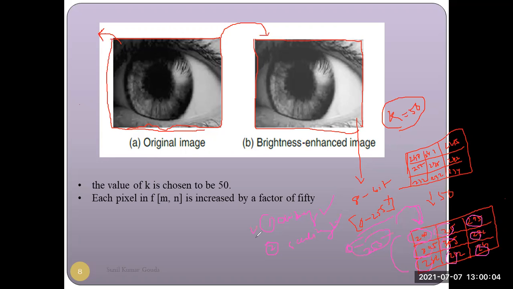We will discuss these two methods. If the range goes beyond the limit, we are not able to store these values, so we should have a certain procedure for that. The procedure is either clipping or the scaling technique. So we will discuss these two.